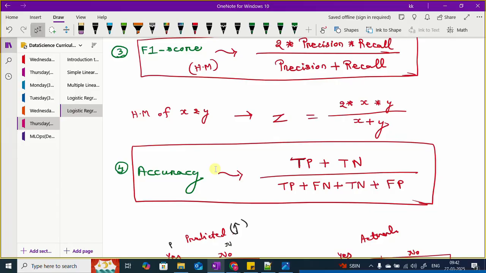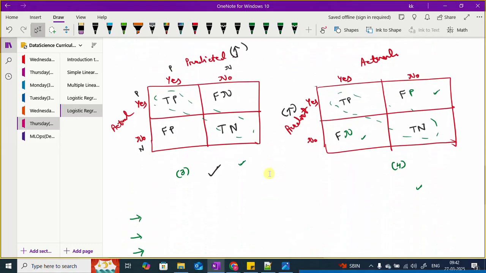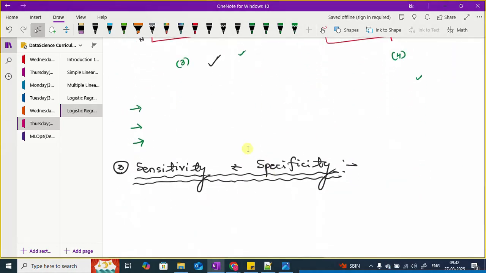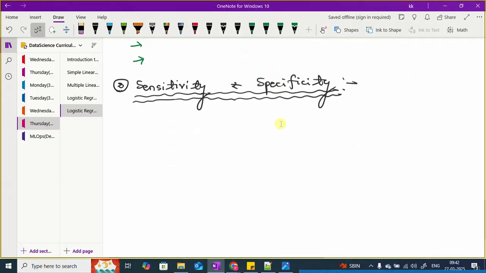In addition to these four, there are two more important parameters we are going to discuss here. One is called sensitivity, the fifth important one, and the sixth one is specificity.